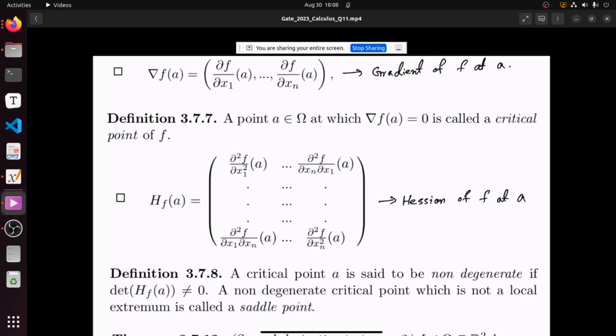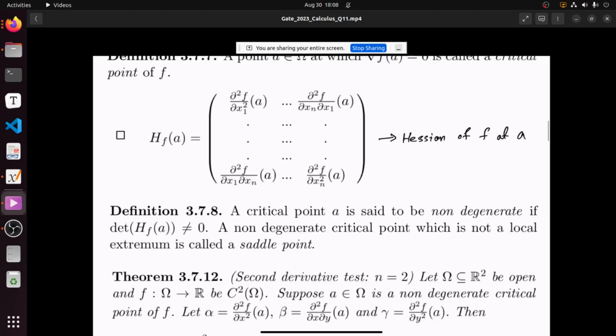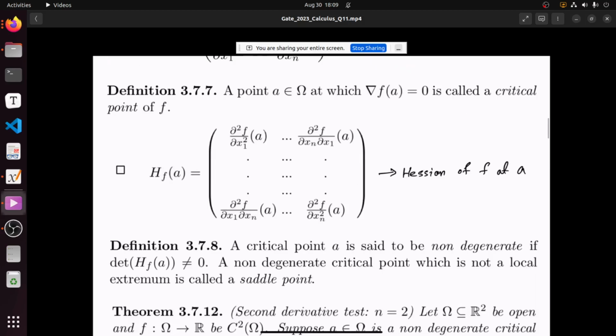The first component a11 is del 2f by del x1 squared, and so on. On the diagonal are the second derivatives del 2f by del xi squared, and off the diagonal are the mixed partial derivatives. This is called the Hessian of f at a. Let's use another definition: a critical point a is said to be non-degenerate if the determinant of the Hessian matrix is non-zero.